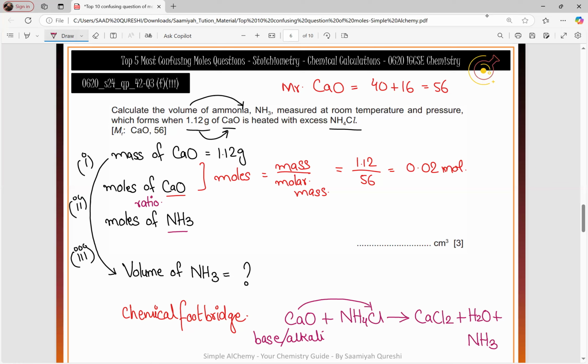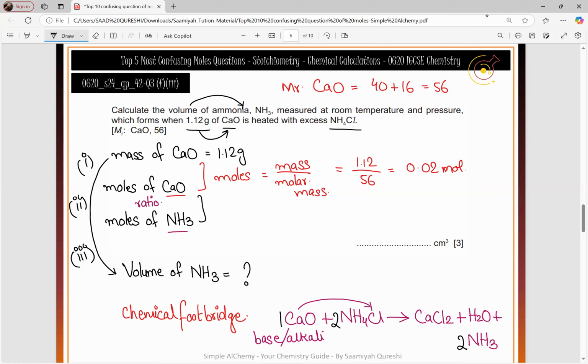For the balancing, we'll write it 2, 2. So as for the ratio, we have 1:2.